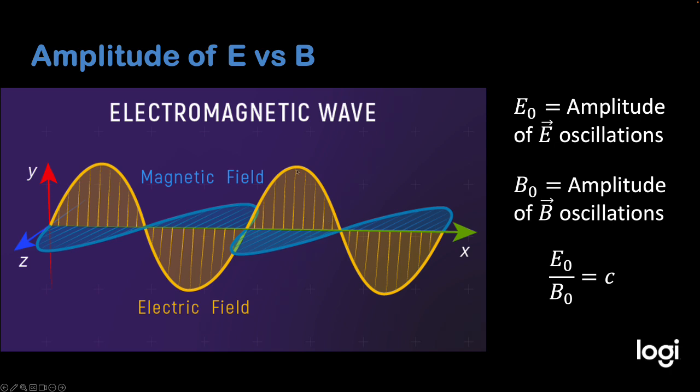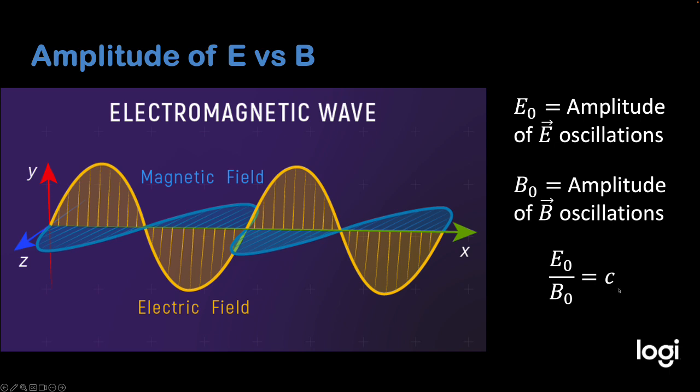And the actual amplitudes of E and B, we would usually write the amplitude as some E with a 0 next to it, or E naught is usually how we would say this, and B naught would be the amplitude of the B oscillations.